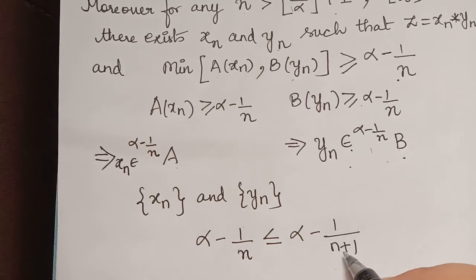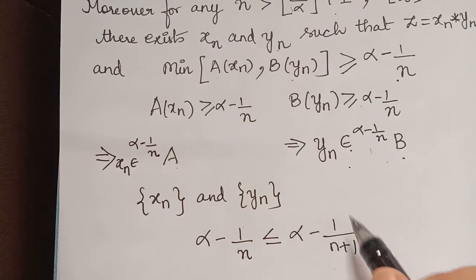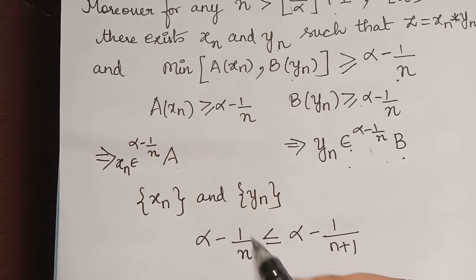Here we have 1 by n, and here we have 1 by n plus 1. This 1 by n plus 1 is lesser than 1 by n, because as the denominator gets increased, this value decreases.